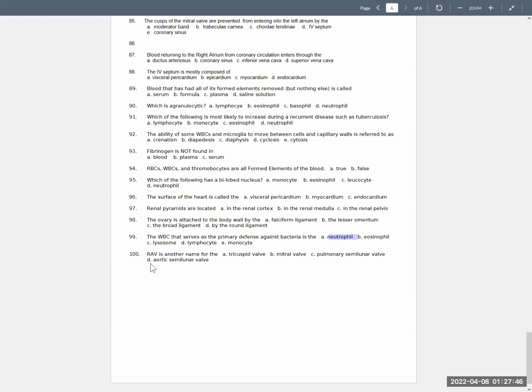And I didn't give you this one, but figure it out for me. RAV, which stands for right atrioventricular valve. Right side atrioventricular valve is another name for what? Tricuspid.